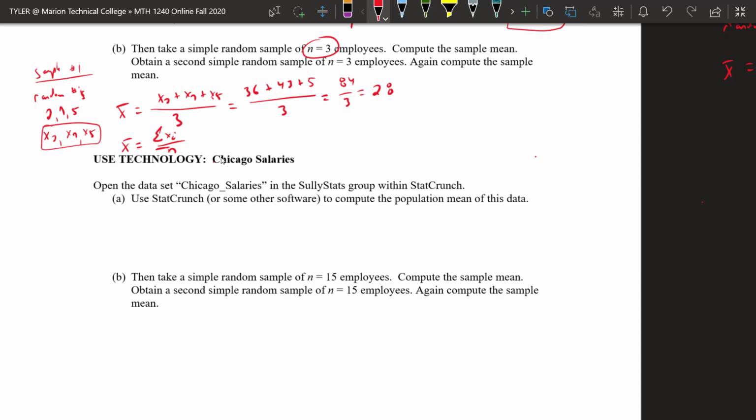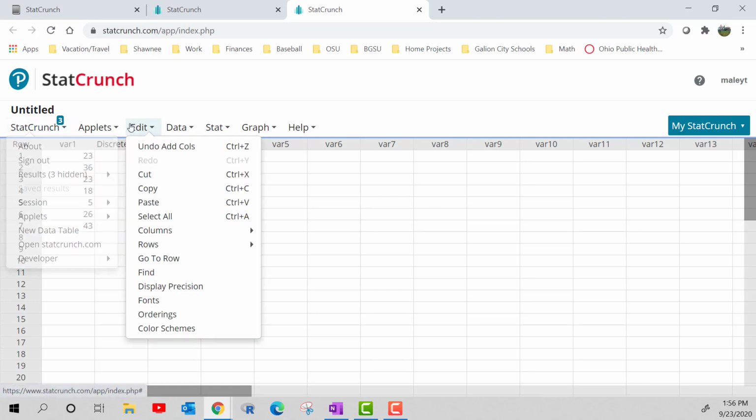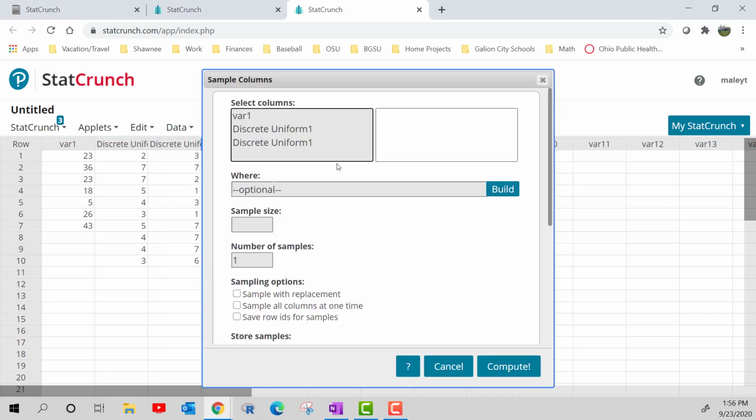Another thing that we can do is actually have Statcrunch build the sample for you. If I go to data and then sample, I pick the column that I want to take a sample from.